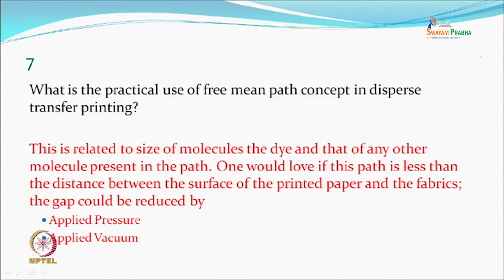So, it is related to the size of the molecule, of the dye, and that of any other molecule present in the path. Now, you can appreciate that there will be other molecules also other than dye in the path. It is not a vacuum. So, other molecules are there, it can strike them also. Their molecular weight may also be different. So, theoretically one would be interested in finding out what kind of molecules are there and what their sizes are.